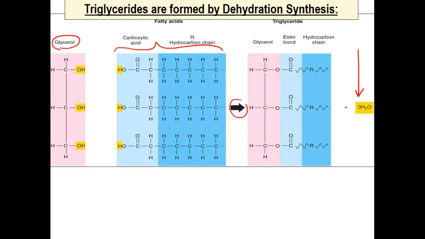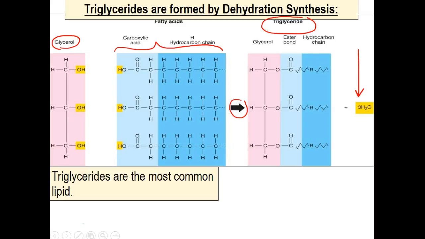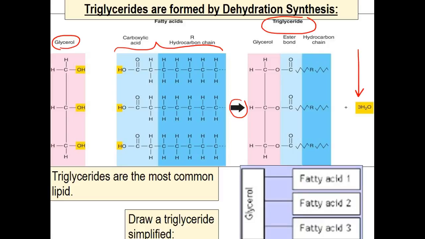And together they become a triglyceride. Triglycerides, I mentioned, are the most common lipid. I'm going to ask you to draw that, but you can just draw this simplified triglyceride, glycerol, and fatty acid 1, 2, and 3.